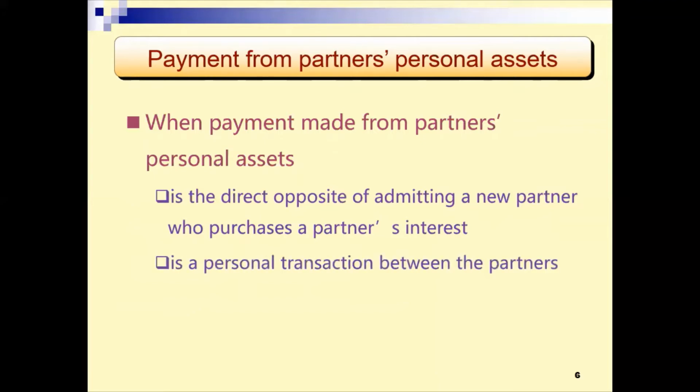Also, in case of payment of the retiring partner by the personal assets of the remaining partners, it is a personal transaction between the partners. In other words, the partnership is not involved, but the partners among themselves.